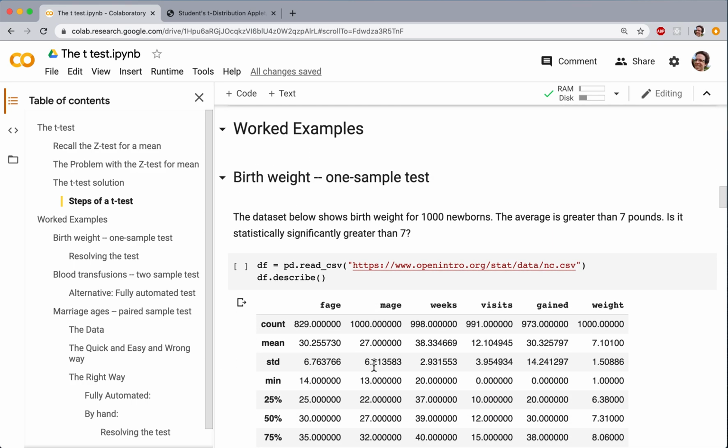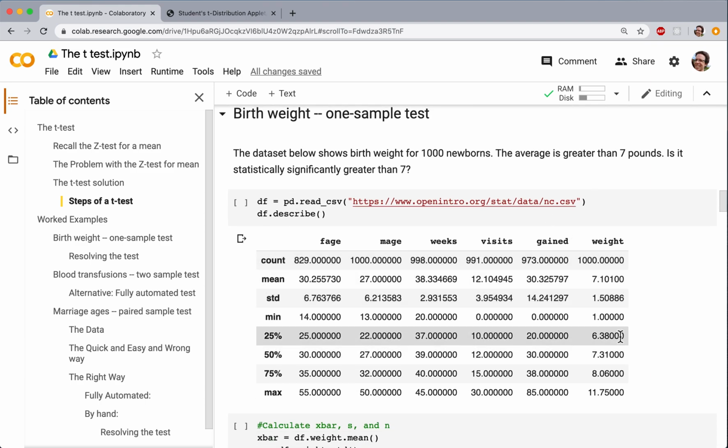Our first worked example is a birth weight example. We're going to load this data set, NC, I forget what it stands for. This is a data set about 1,000 newborns, and it comes from our textbook publishers. So we're going to load this data set, and then here is some of the descriptive information about that data set.